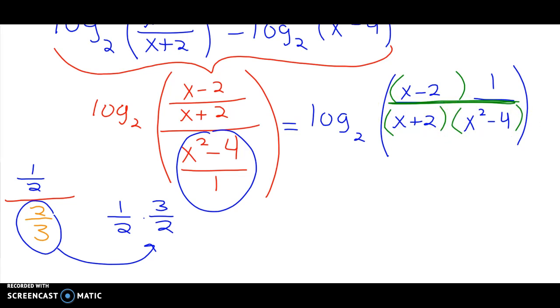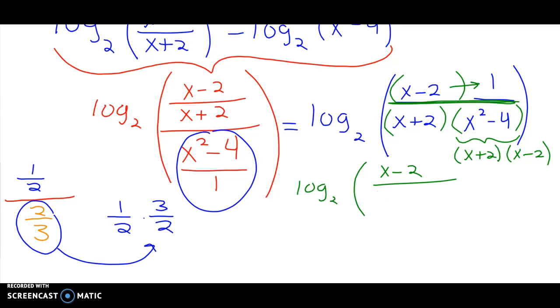But x squared minus 4 can be factored. What is that? It's a difference of two squares, so that is x plus 2, x minus 2. So really, this is x minus 2 times 1, which is just x minus 2, all over x plus 2 times itself, which we can write as squared, times x minus 2.